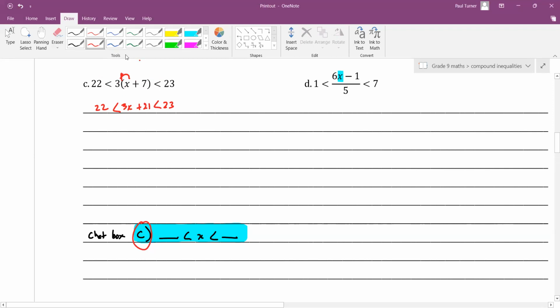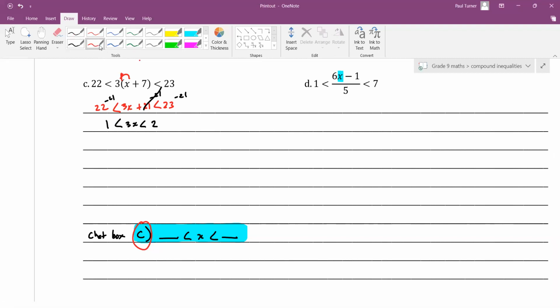So in this case, we'll subtract 21 from both sides. So 22 minus 21 is 1. 21 minus 21 is 0. You have 3x. And 23 minus 21 is 2. So we got a really small boundary here. The edges are very close together, the left and right side.